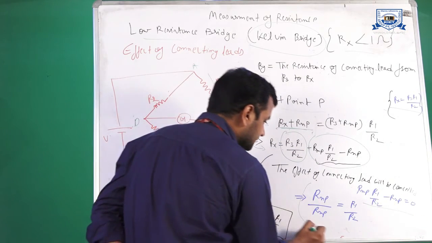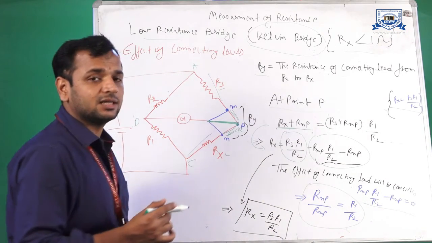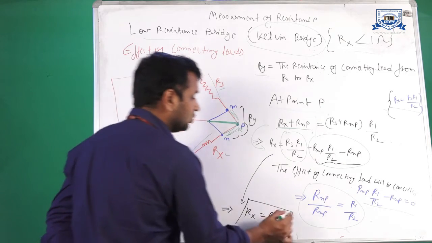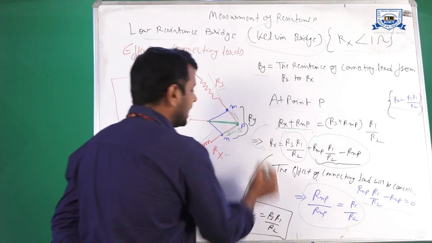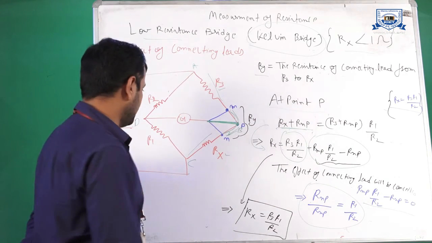That means if we need to compensate the effect of lead resistance, then the ratio RNP by RMP should be equal to R1 by R2.